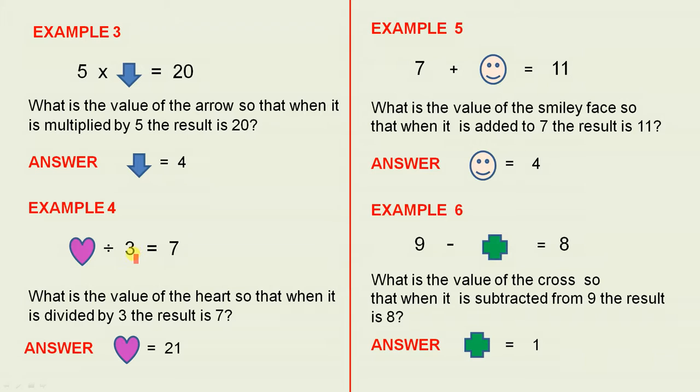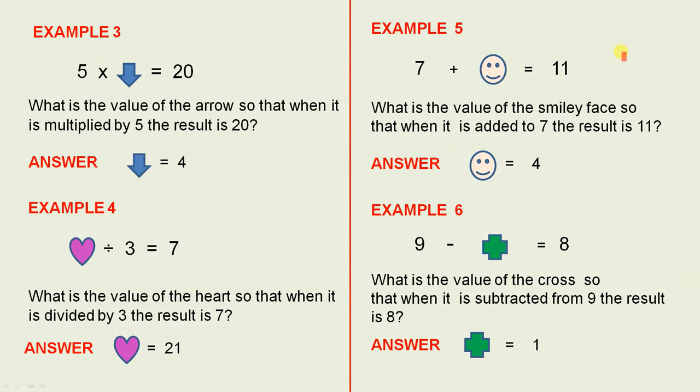Now this is connected to the times tables, and the quick way to get the answer, if you know this way of doing it, and you will soon, is 3 sevens are 21. So 21 divided by 3 gives you 7. So the heart is 21. And how do you check it? 3 times 7 gives you 21.